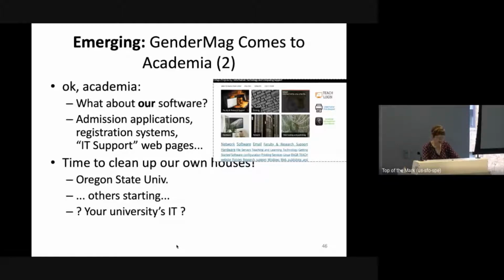So in academia, what we would love is for universities to start cleaning up their own IT. We've managed to get one university, OSU, to commit to that in a big way. There's an infographic floating around. This year has been our first year piloting.